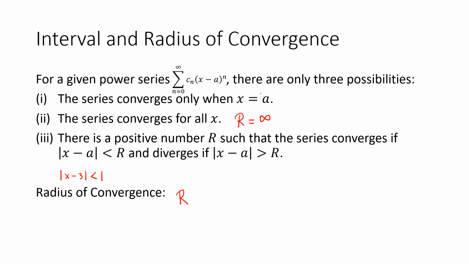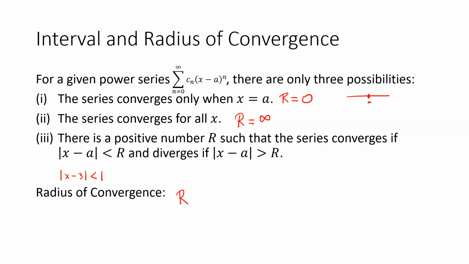And if it only converges at one value of x, then the radius of convergence is 0. Okay, so in this case that would make sense, because here if I'm converging only at a single point, then the interval on which it's converging has no width. Right, it's just a single point. So you can imagine that the interval that contains just the point a has no width to it.